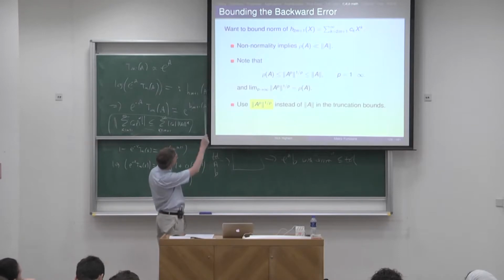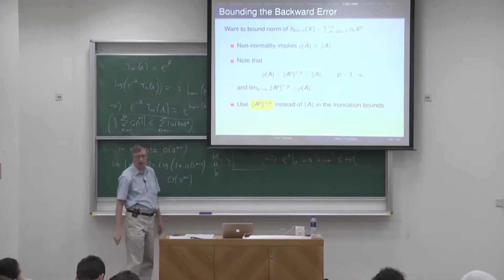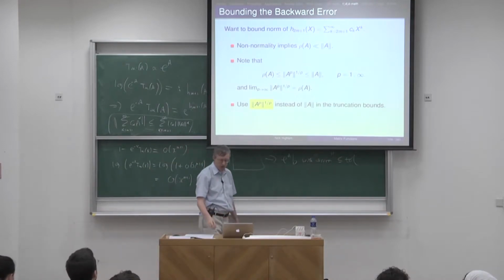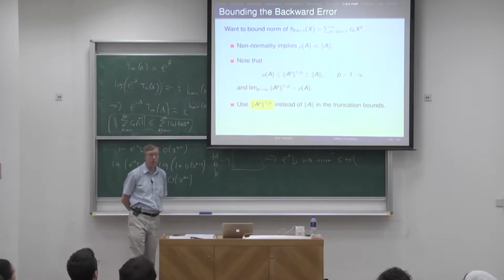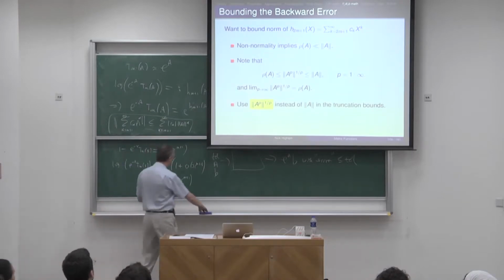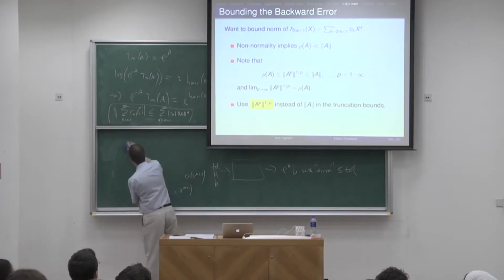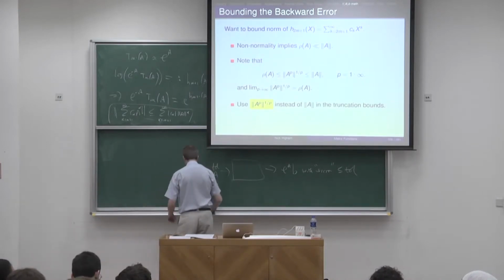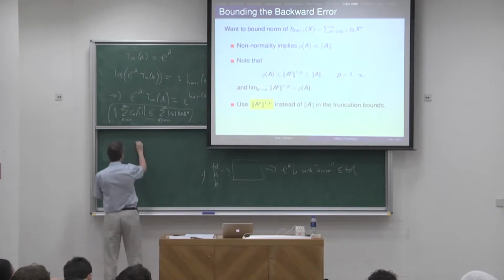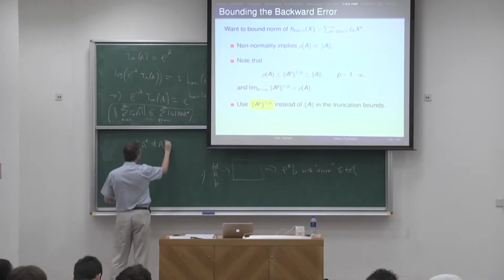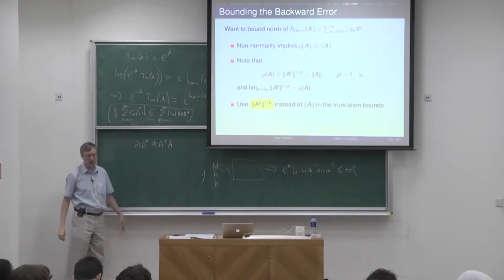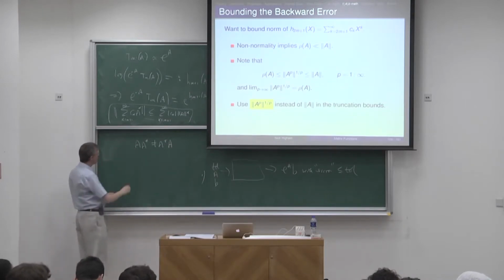So what we're trying to do is summarize at the top. We want to bound that power series. And we want to take account of the possibility that A could be very non-normal. So what is a non-normal matrix? Well, strictly speaking, it's just a matrix that does not satisfy A A star equal to A star A, because a normal matrix has an equal there.